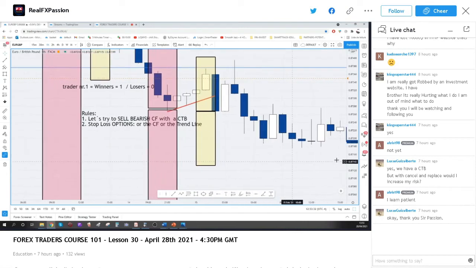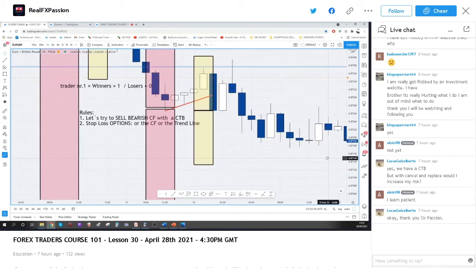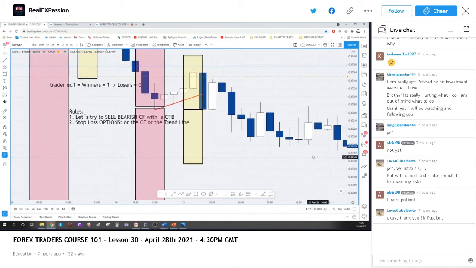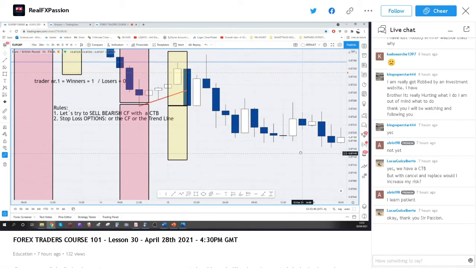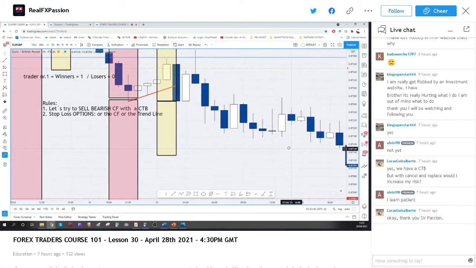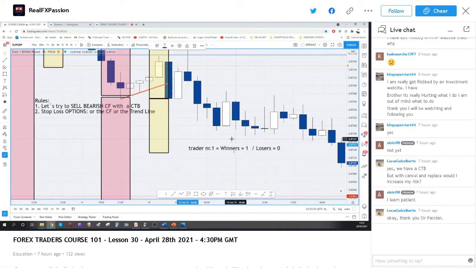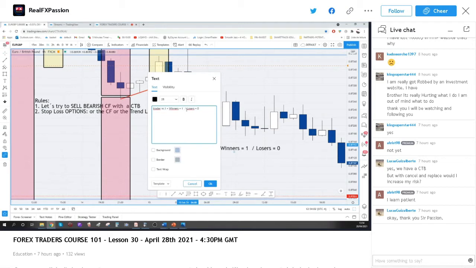You know how the market plays with our emotions. Trading is an emotional game, for lack of a better word. We need to be emotionally skilled, and bam. Shorting bearish candlestick formations in a downtrend with the counter trend line break. So what happened right now? Trader number one has two winners, zero losers.